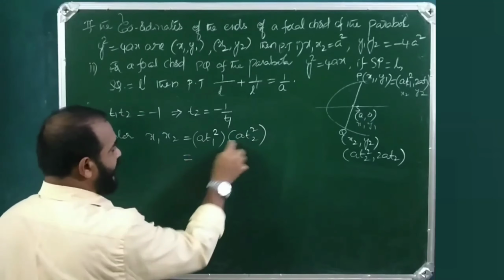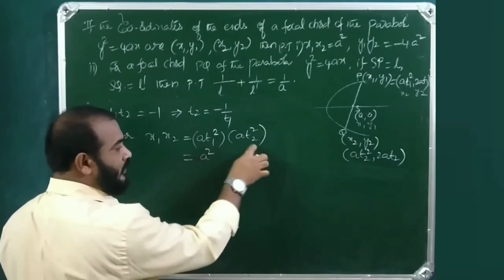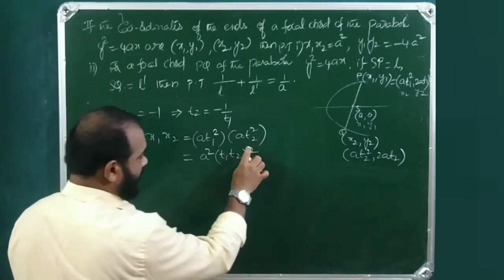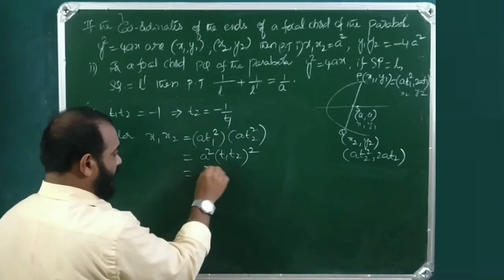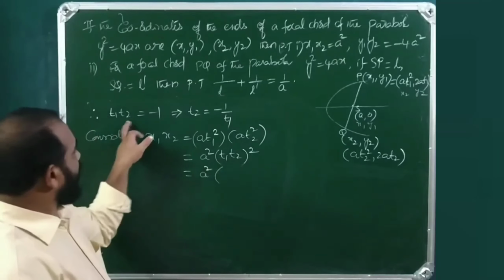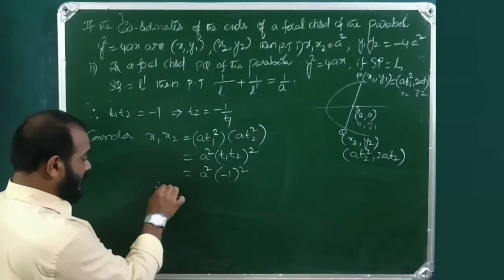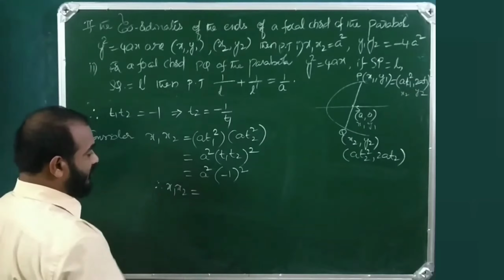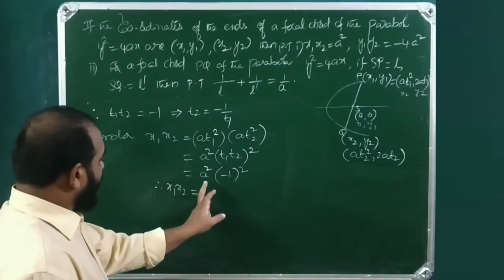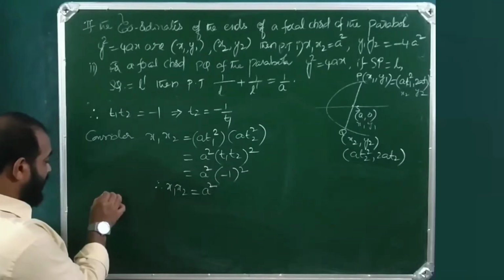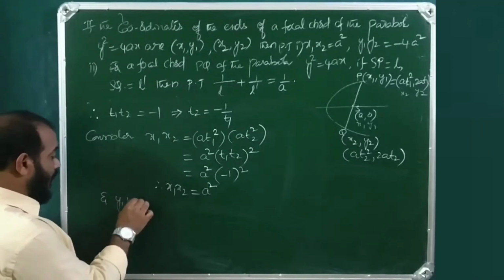This is a square into t1 square t2 square, which is (t1 t2) whole square. This equals a square times, t1 t2 is what? Minus 1 we get. So therefore x1 x2 equals a square.